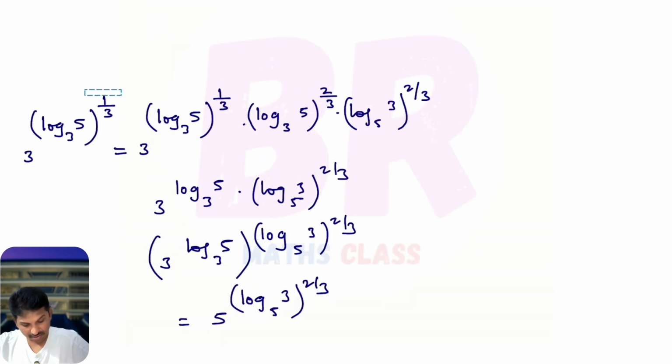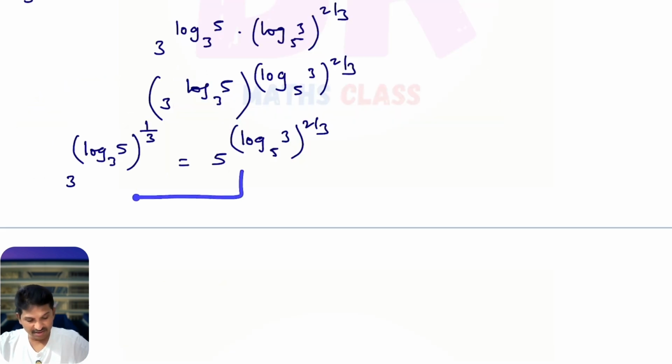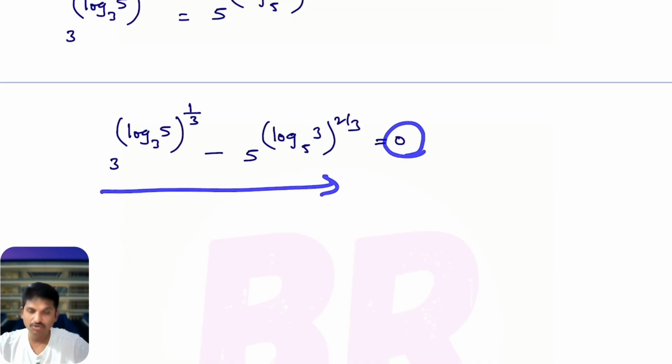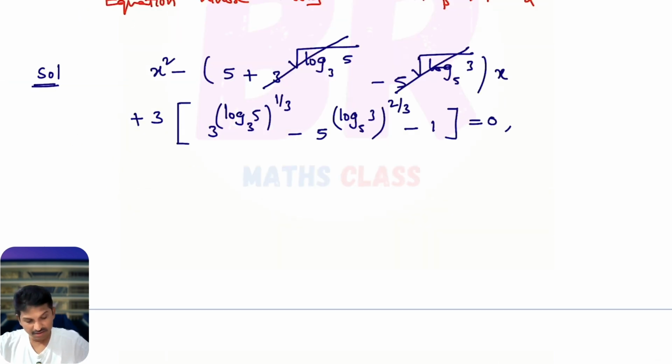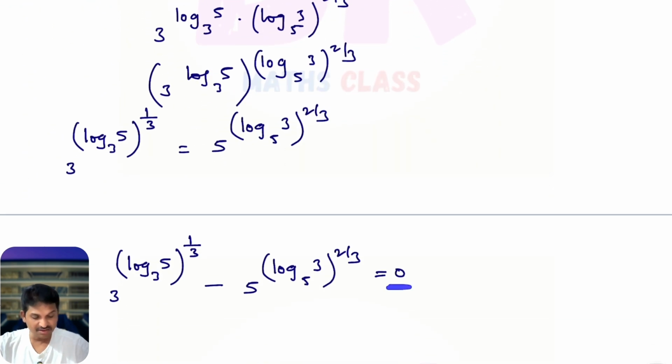So I started with this and I got like this. Now you take this to this side, so you got this expression equal to 0. You see here, 3 power log 5 base 3 whole power 1 by 3 into 5 power log 3 base 5 whole power 2 by 3, this value is 0.